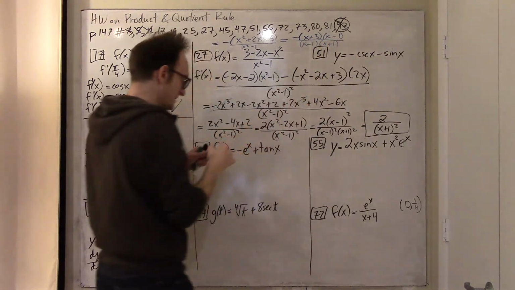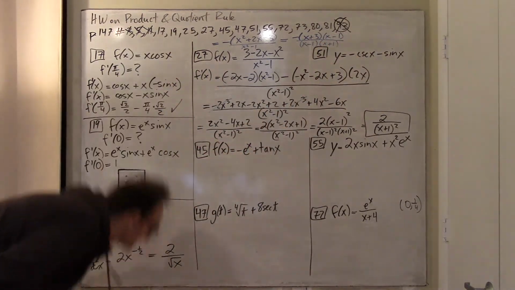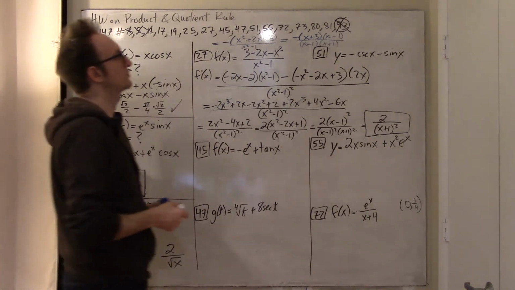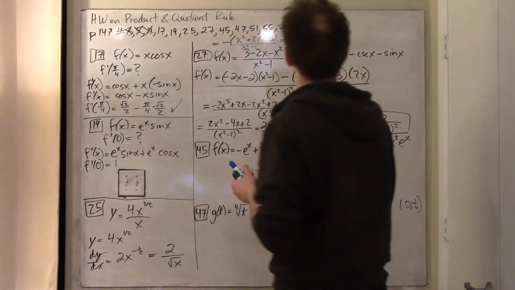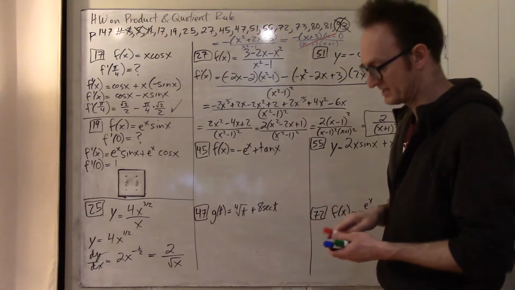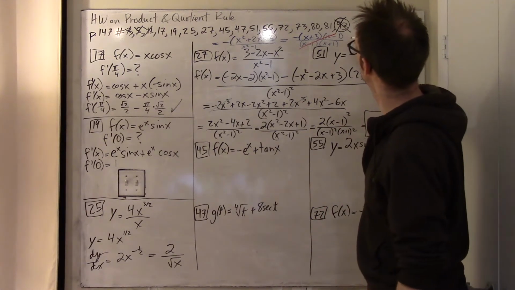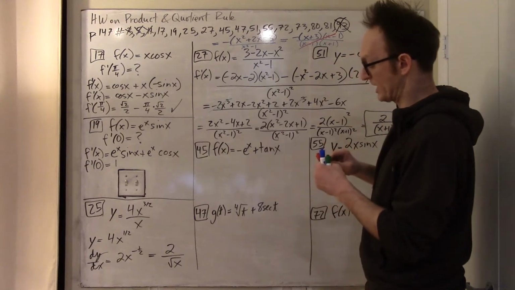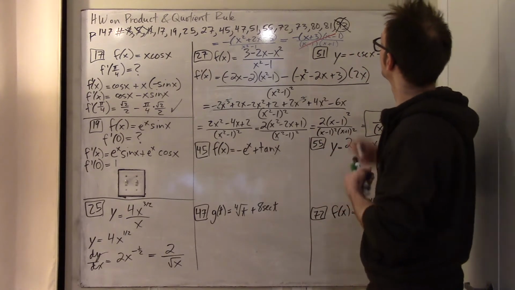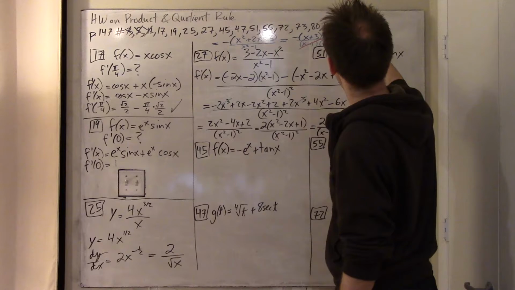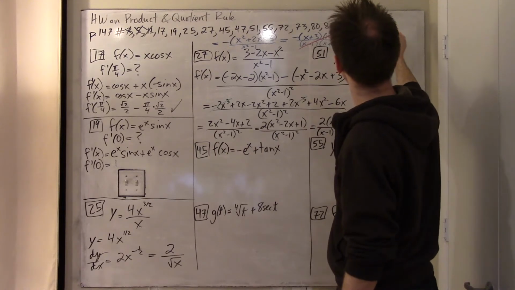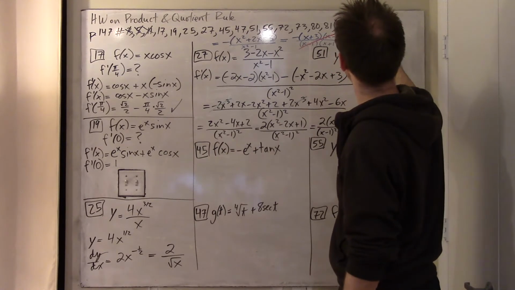In other words, I could have just taken out an x minus 1 from the very beginning, and it would have been a lot less work for me to just differentiate negative x plus 3 over x plus 1.